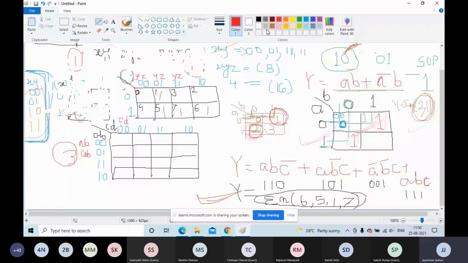So here you change this variable. Here is the A, B, C. Okay, now 1 1 0 is there.